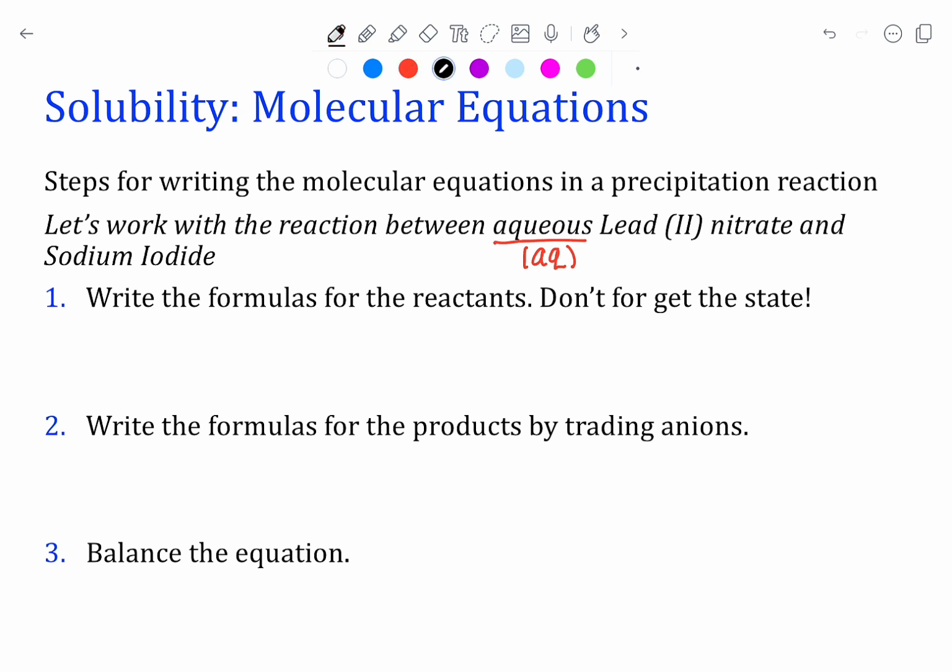So we have lead 2 nitrate. So we have lead 2, Pb2+, and nitrate, NO3-. So in order to form a compound, we have Pb(NO3)2. Okay, so I had to balance out my charges appropriately.